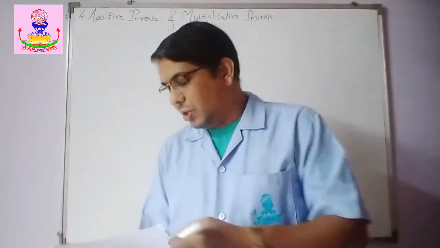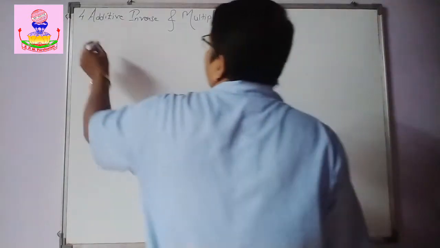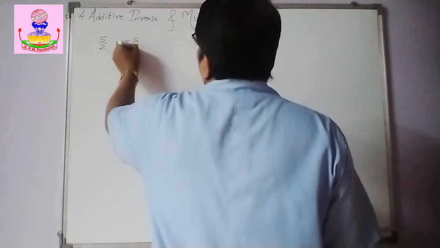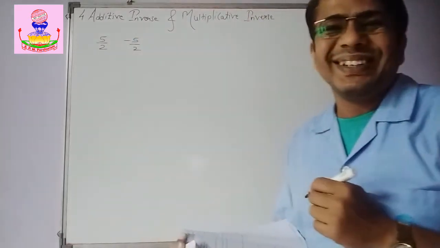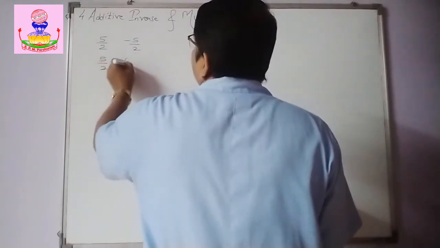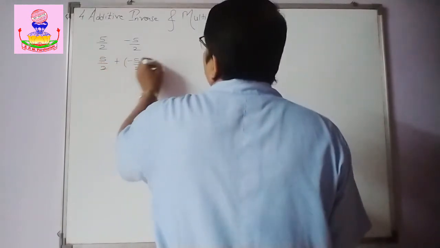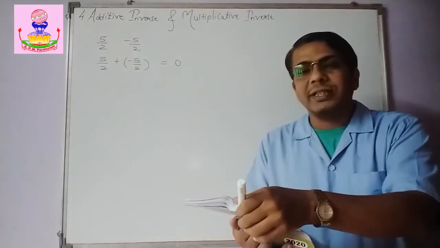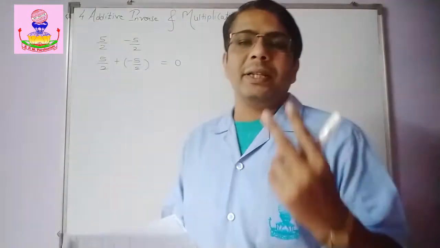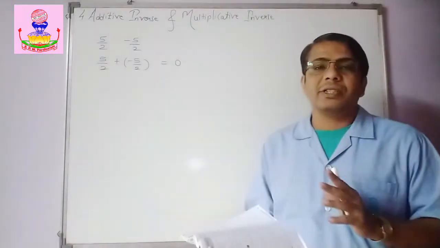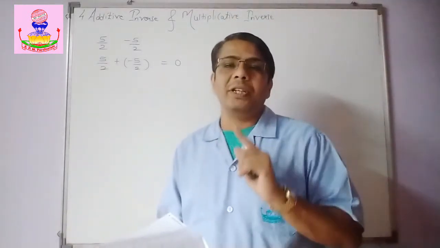Okay, so for example 5 upon 2 and minus 5 upon 2. So if I add them, 5 upon 2 plus minus 5 upon 2, the sum is equal to 0. So when this sum is equal to 0, then the two rational numbers are said to be additive inverse of each other, or they are also called as opposites of each other.